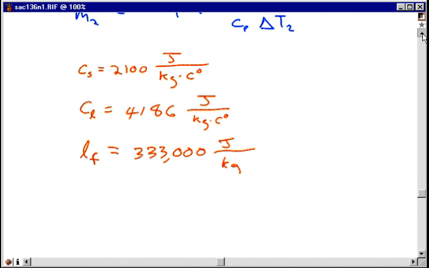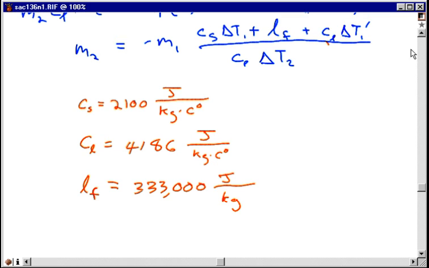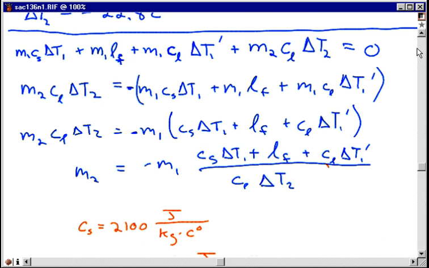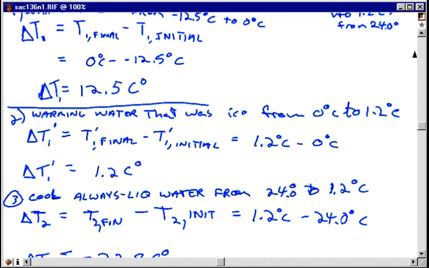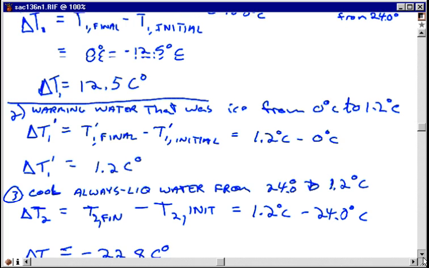So substituting those values as well as given quantities, let's see what we find. M2 is minus, we were told, M1 is the mass of the original amount of ice, which was 0.467 kilograms. And then delta T1 we found to be 12.5 degrees Celsius.